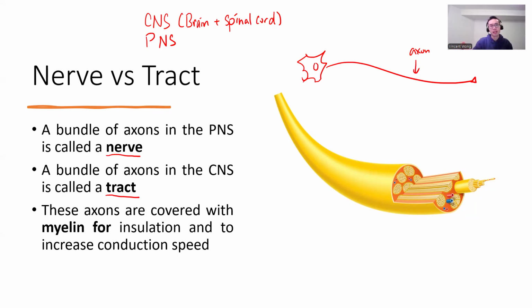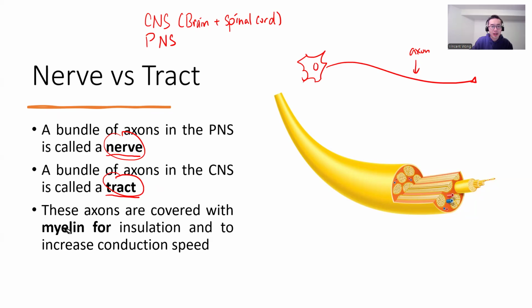We use different words to refer to the same thing. After eating at a restaurant, we say, "Oh, can we have the bill?" And then the Americans say, "Can we have the check?" Or we say we drink pop, and they say they drink soda. It's the same thing, but different words. Kind of like that. In the PNS, a bundle of axons is called a nerve. In the CNS, a bundle of axons is called a tract.